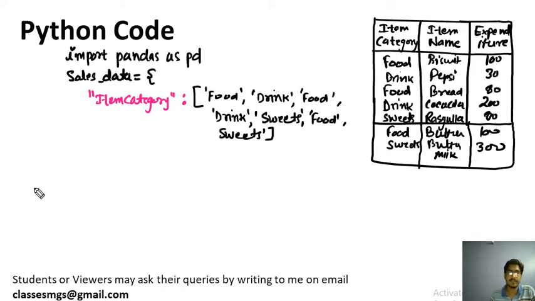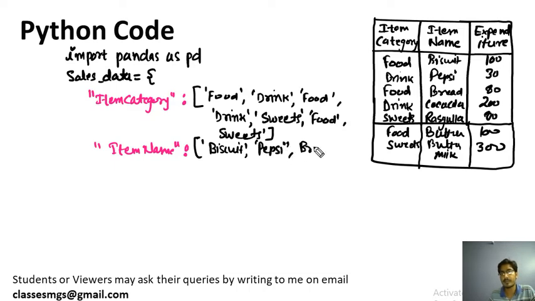Then we will have another column, item name. Same way we will have the data for item name also. We will have the biscuit, then the Pepsi, then the bread, then the Coca-Cola, then the Rasgulla.